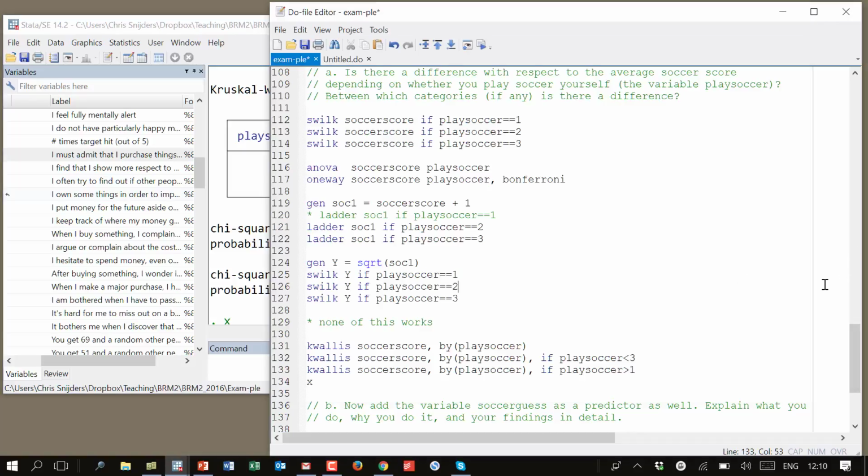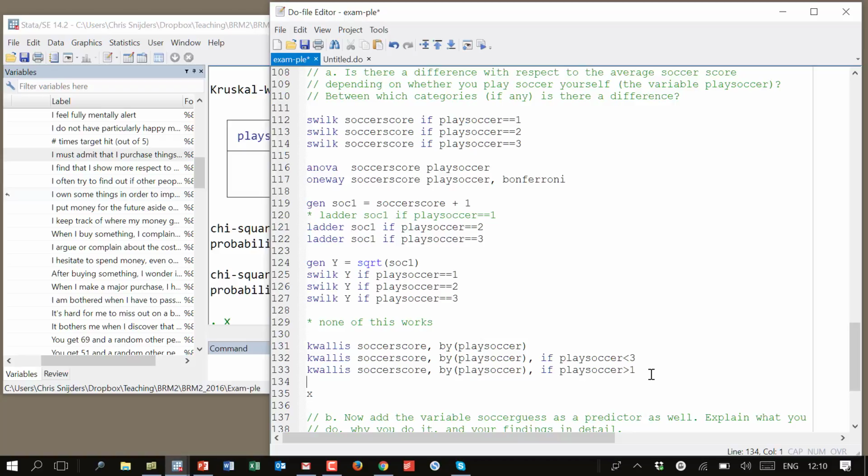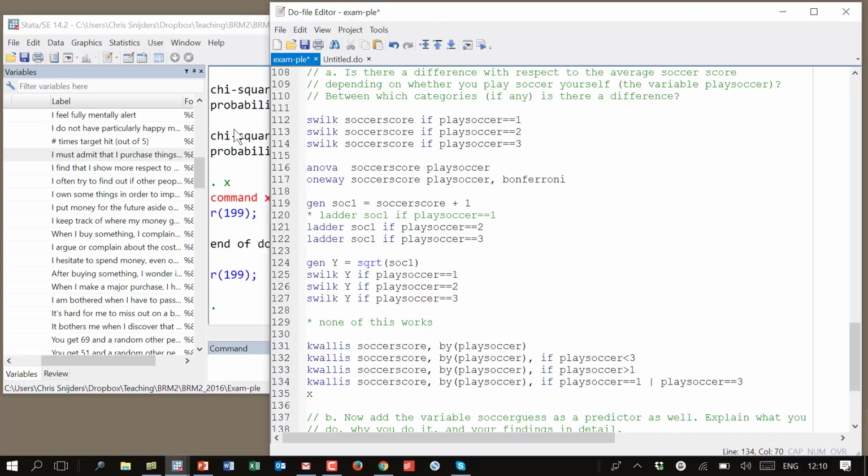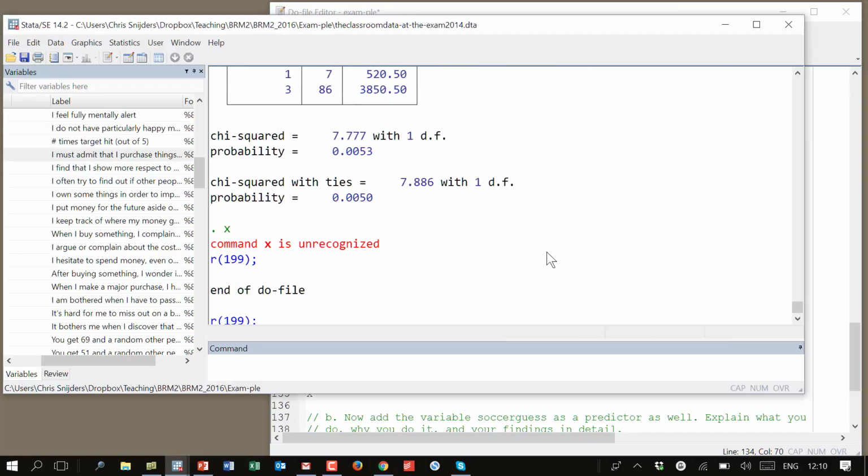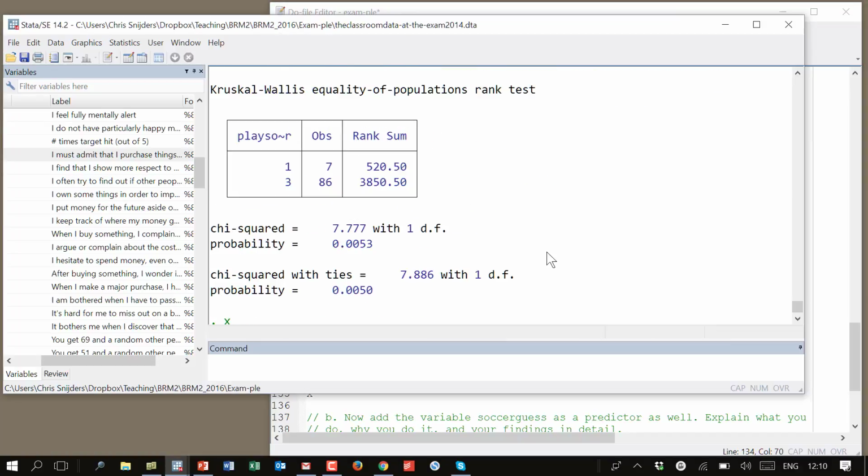Between 1 and 3 would require a little bit of extra typing. Go like this, and in all likelihood you will find a difference as well, indeed. So the question was, where do you find the differences?